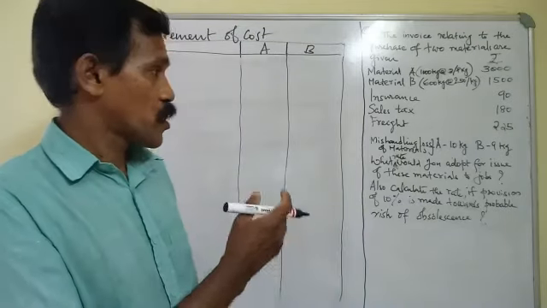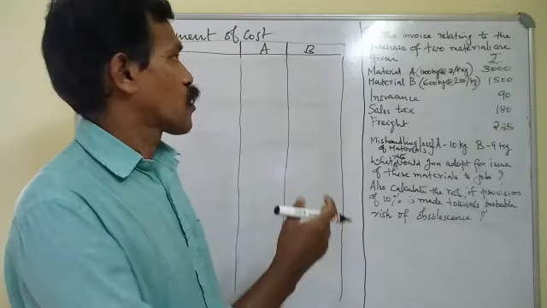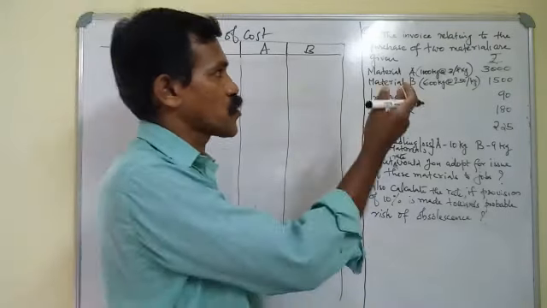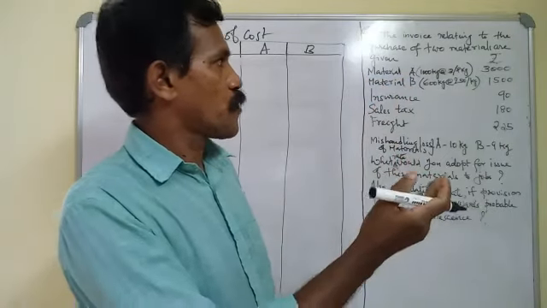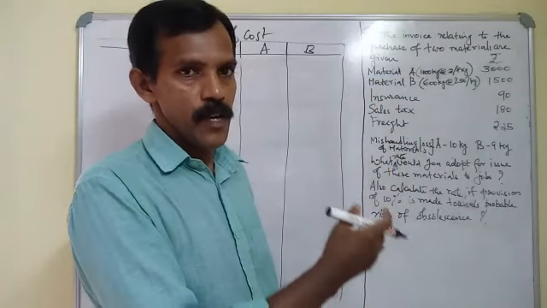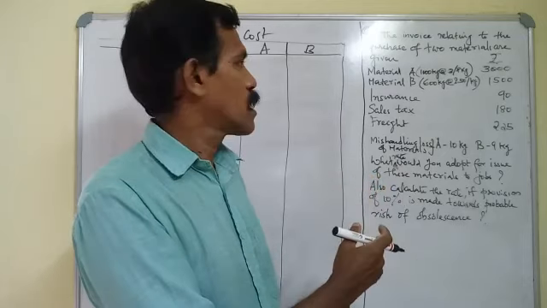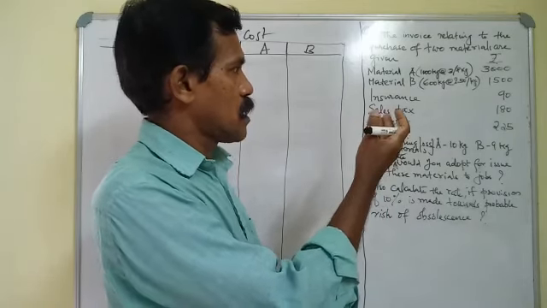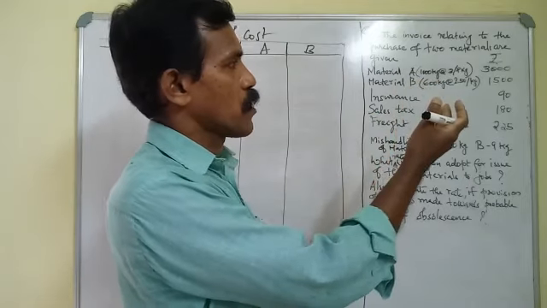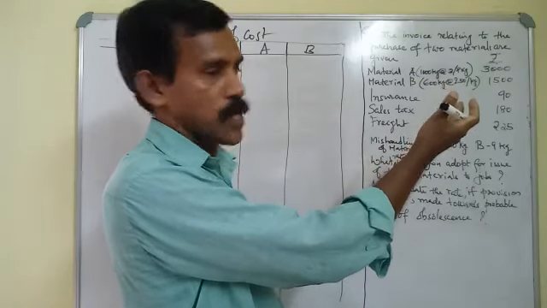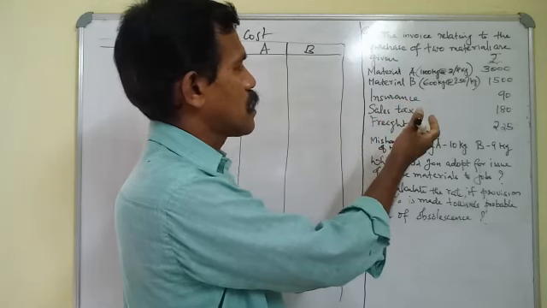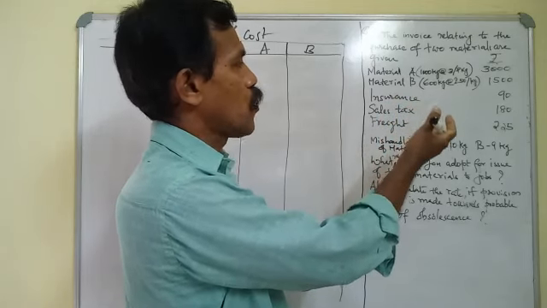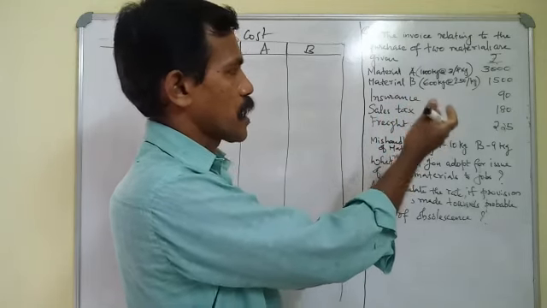Here we are going to solve one problem. Our question is this: the invoices relating to the purchase of two materials, A and B, are given. A is quantity 1000 kilograms at the rate of rupees 3 per kilogram. Amount comes to 3000. Then material B, 600 kilograms at the rate of 2.50 per kilogram.